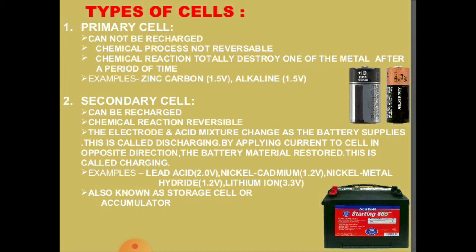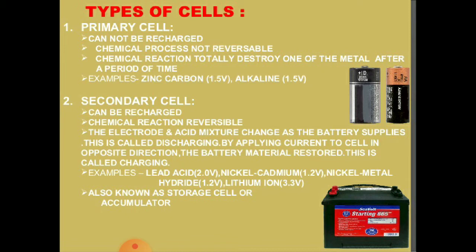It cannot be recharged, which is why the chemical process is called not reversible. Once the chemical reaction totally completes, it has to be destroyed. Some examples of primary cells are zinc, carbon, and alkaline. Normally, these cells are used in smaller power applications like remote controls and some toys.